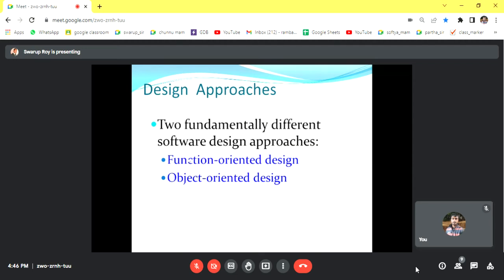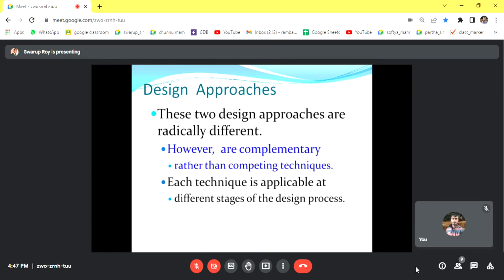But of course, function oriented design is also necessary inside object oriented design. It's not that object oriented design means you cannot have function oriented design. Inside object oriented design also you are going to have function oriented design, because objects also need some functions, and whenever there is a function, you may need the help of function oriented design. So they are not basically complementary with each other.